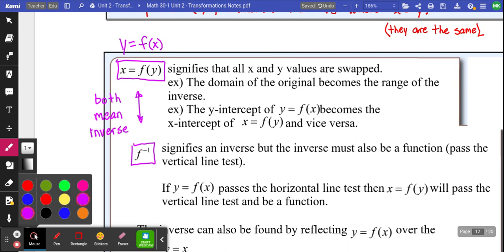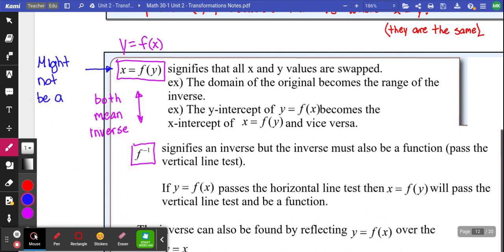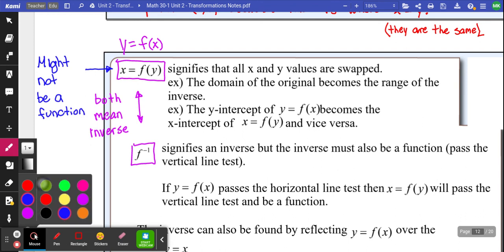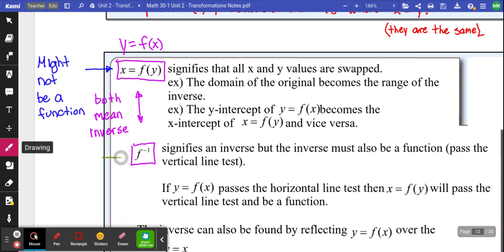The difference is that this might not be a function. This, if they wrote it as f of -1, it must be a function.